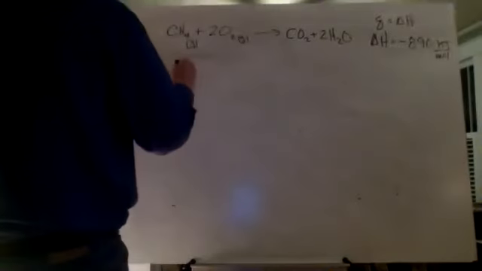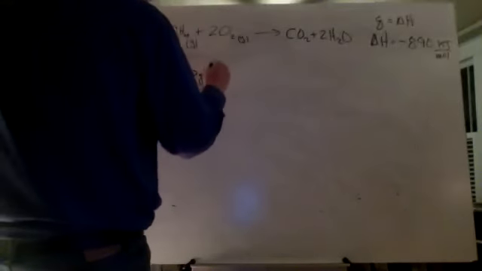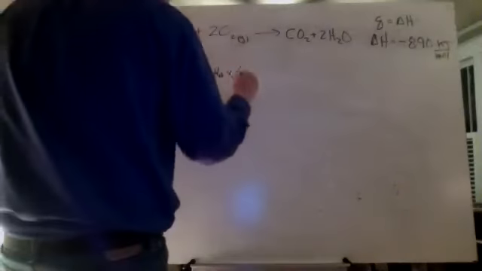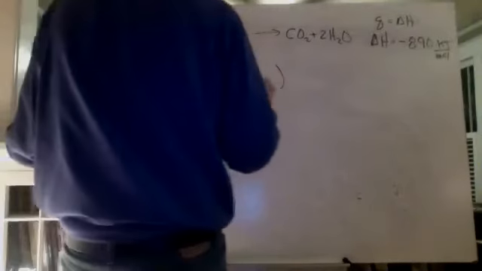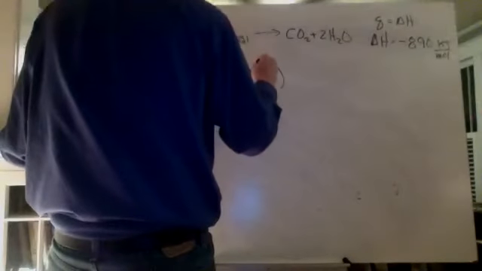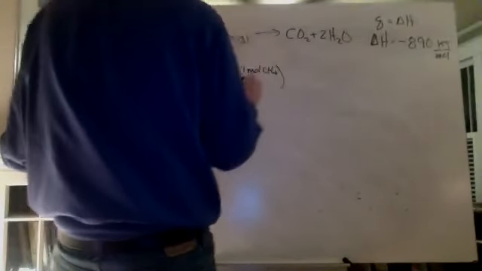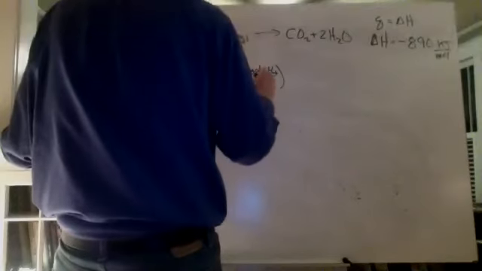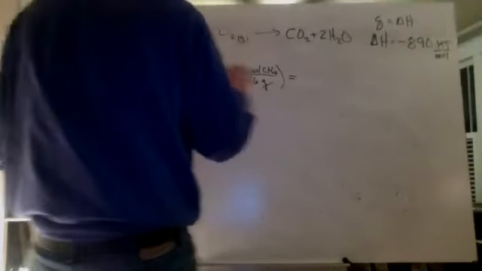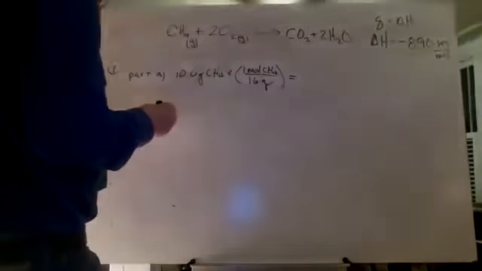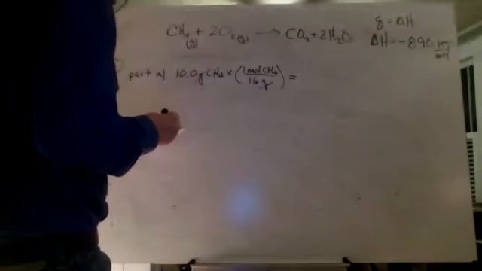And so we have 10 grams of methane, and we need to convert that into moles. And there's 1 mole of methane for every 16 grams. So grams will cancel, and we get 0.625 moles of methane.